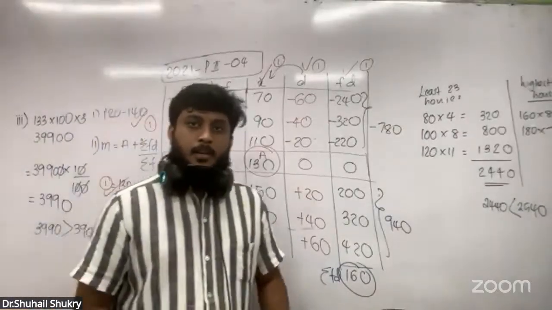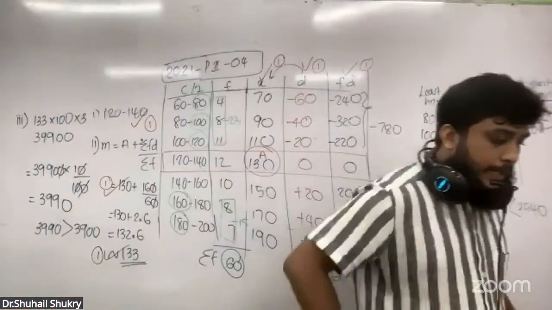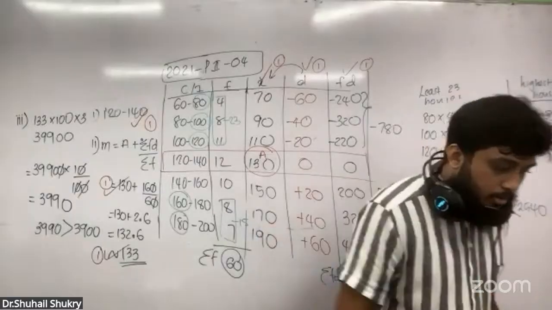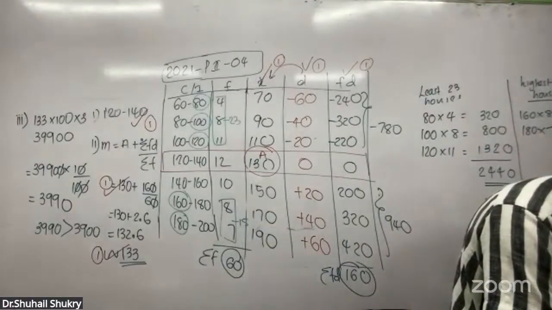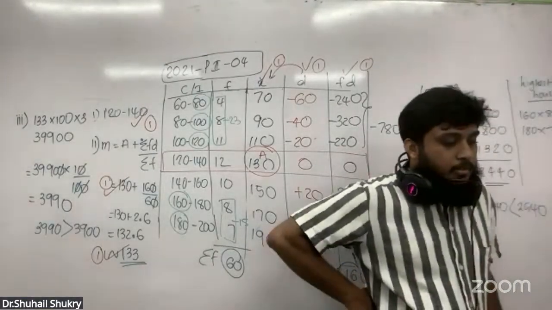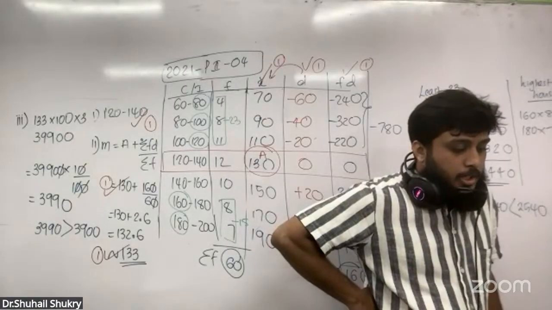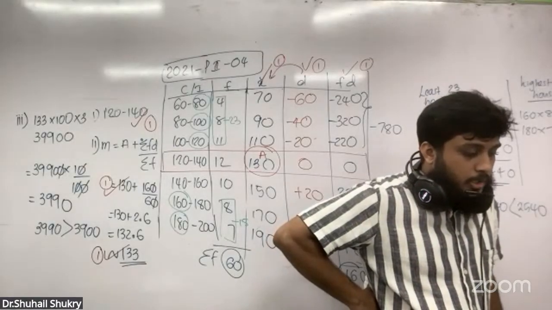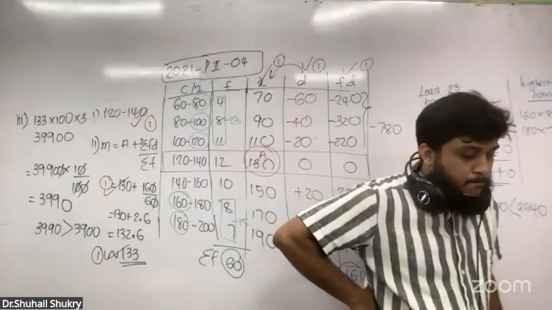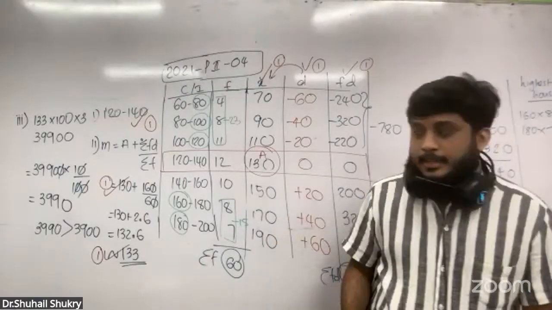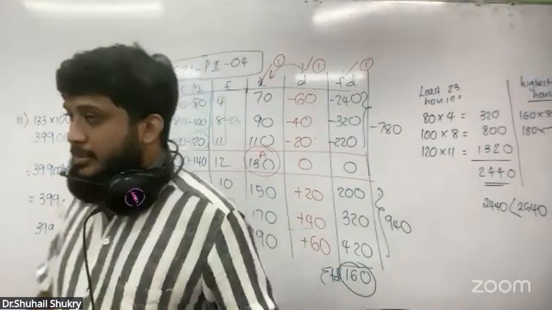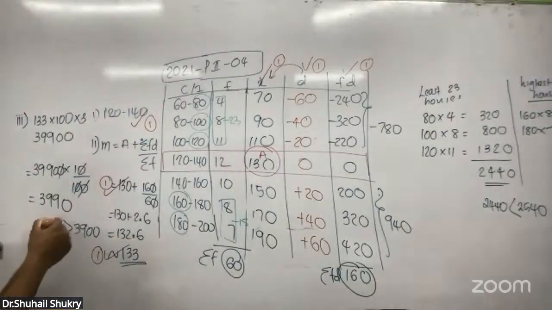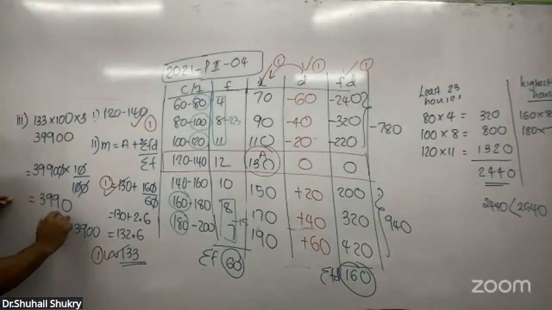Now, next part, they have asked how many units they can save. For getting the 3990 value by any method, for all these steps, you are getting 3990.